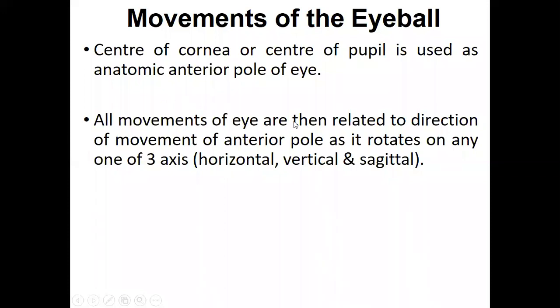So all the movements of the eye are related to the direction of movement of the anterior pole as it rotates on any one of the axes: horizontal, vertical, or sagittal. Sagittal is sometimes taken as the anterior-posterior axis.